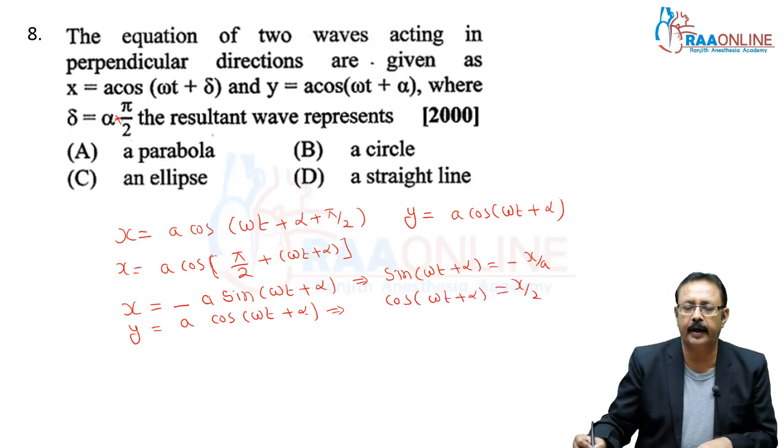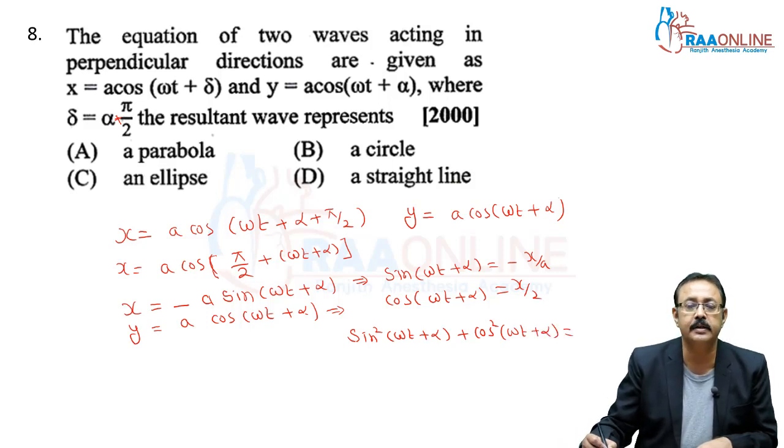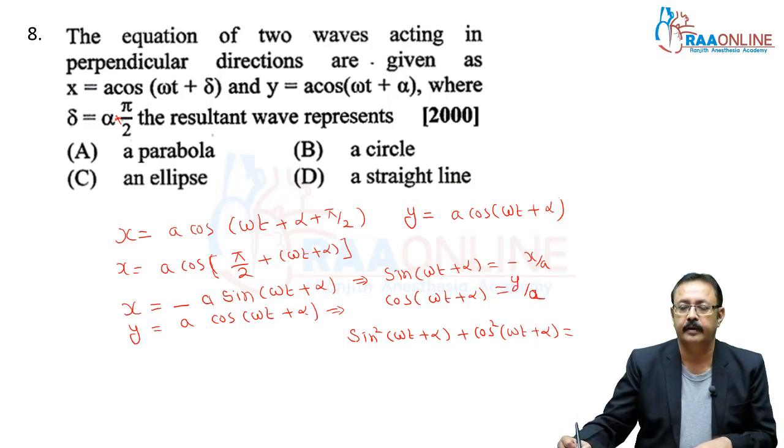By squaring and adding we get sin square (omega t plus alpha) plus cos square (omega t plus alpha) is equal to x square by a square plus y square by a square.